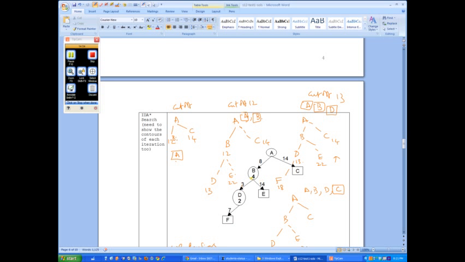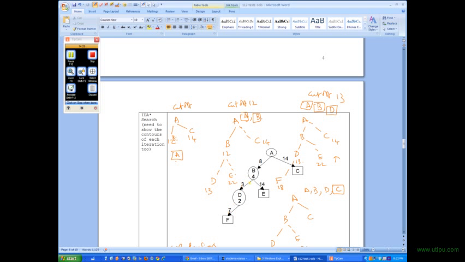To do that, you have to consider the true shortest distance from B to a goal node. B can reach a goal node here in 14 units, and it can reach a goal node here in 10 units, 7 plus 3. Those are the only two goal nodes it can reach, and so the shortest is 7 plus 3, 10.